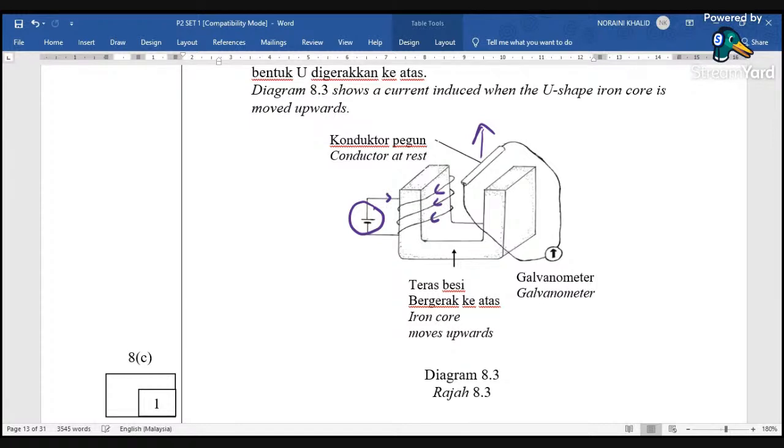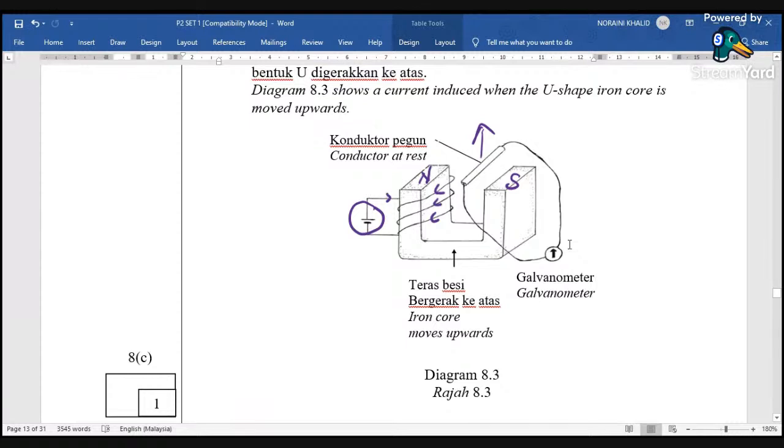Okay, so this one will become this one is south.